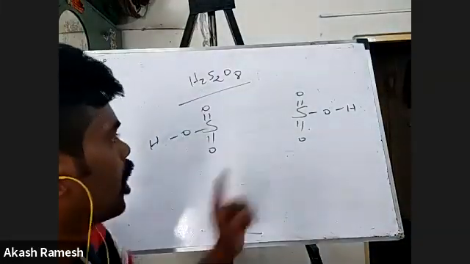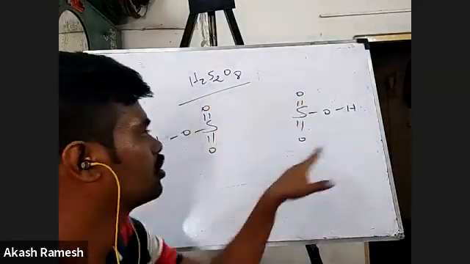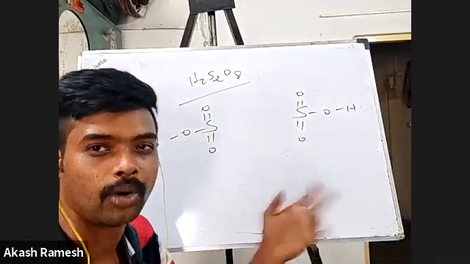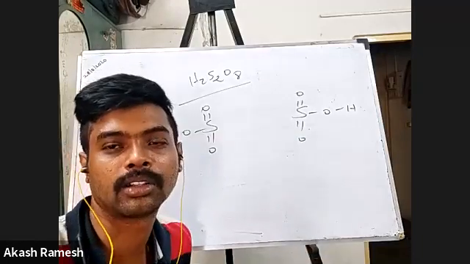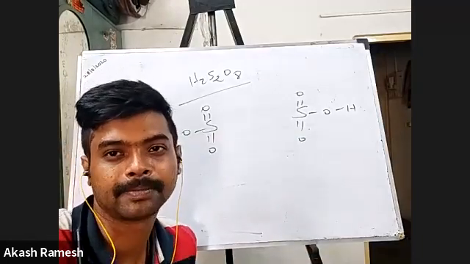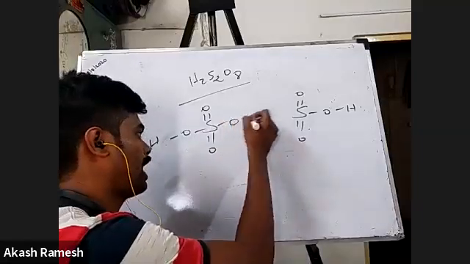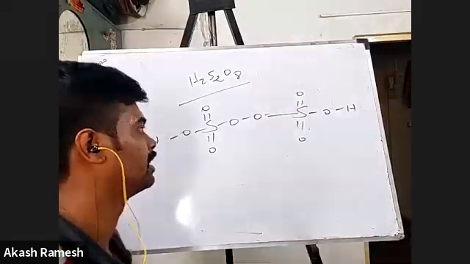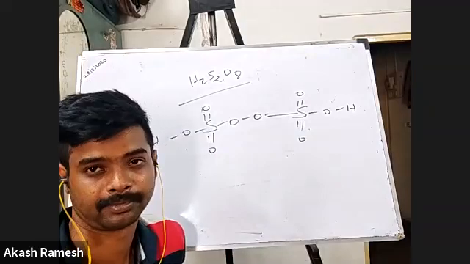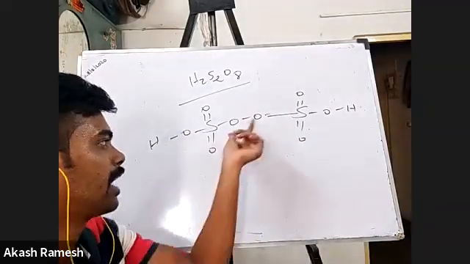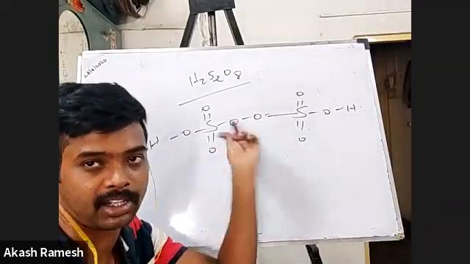So how many oxygen atoms are over? 1, 2, 3, 1, 2, 3, 6 are over. Right? Now, there are 2 more oxygen atoms. How can you connect them, people? With the sulfur? One oxygen linkage. Peroxide linkage. Exactly. Right. So you will have this kind of structure. So you can connect these 2 sulfur atoms by having a peroxide linkage.